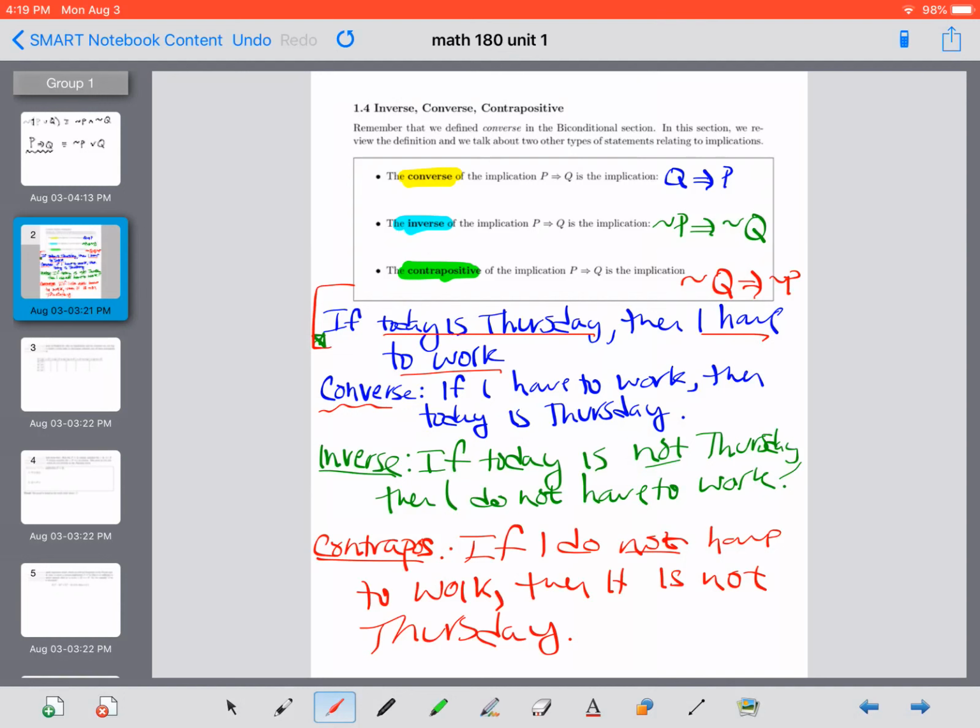It doesn't necessarily mean that you don't have to go to work on other days, or that the only day that you have to go to work is Thursday. So the converse isn't necessarily true. It's not necessarily true that if I have to go to work, then today is Thursday. Maybe I have to work on Thursdays and on Tuesdays. So you can't necessarily conclude that the converse is true if you know that the original statement is true.